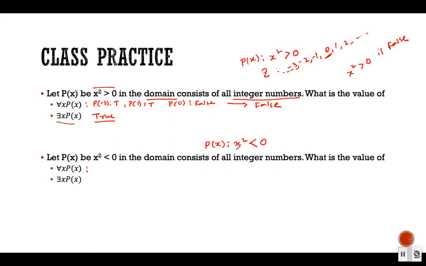Can we find a value for which x² is less than 0? Actually there is no such value, so this one is false. And this one is also false, because there doesn't exist a single value for which x² is less than 0.